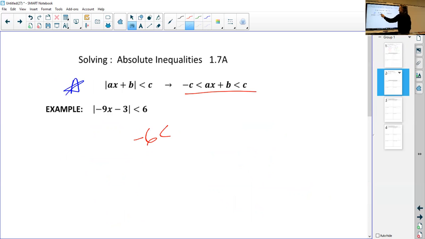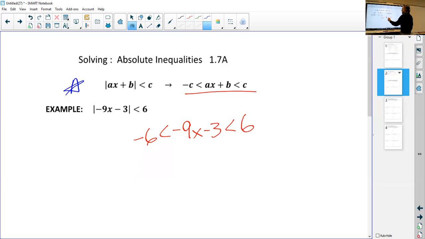It's going to be less than, we drop the absolute value, so 9x minus 3 less than positive 6. And because we only have one number on the outside, we don't have any x's out here, we could split it up into two separate inequalities and solve it that way, or we could solve them simultaneously.